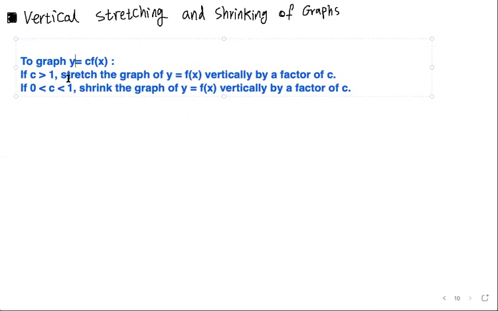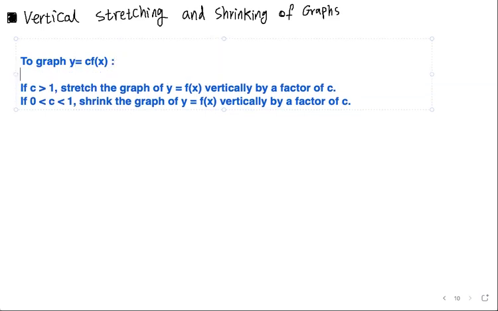Is it greater than 1 or is it between 0 and 1? We have to check. If this c is greater than 1, we have to stretch the graph, the original function, vertically by the factor of c. But if this number is between 0 and 1, this means we have to shrink the graph of y equals f of x vertically by a factor of c.